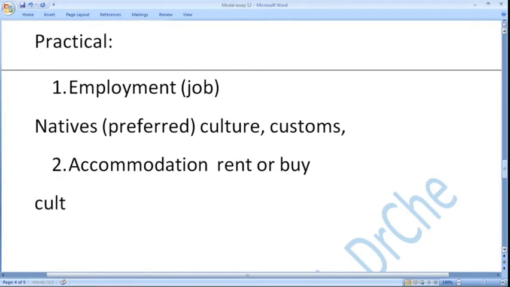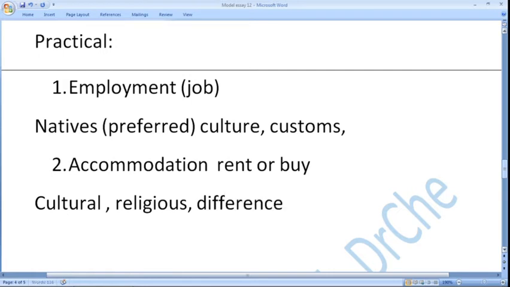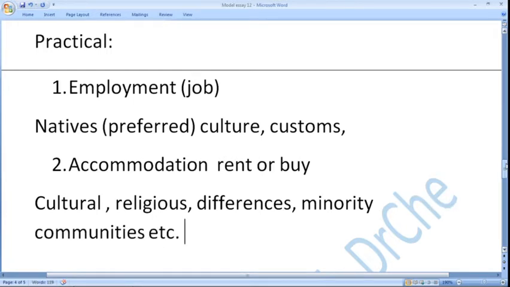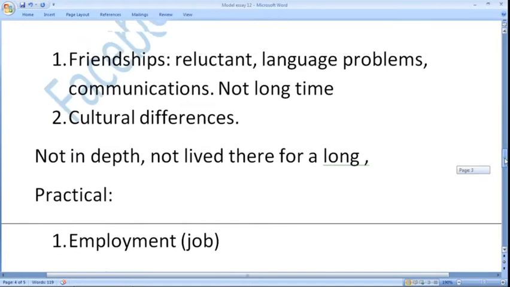Due to cultural and religious differences, something like that, they have to live in minority communities, etc. Okay, this is a plan of our essay.